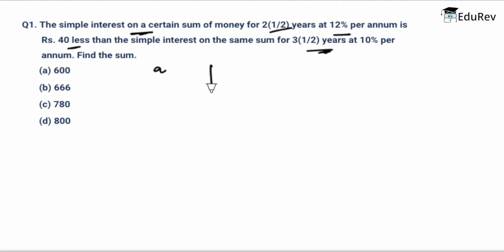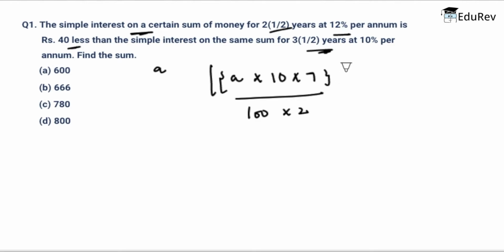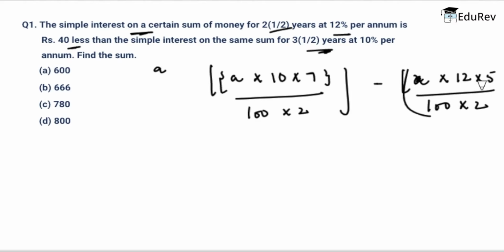Then we can write that a into 10 into 7 upon 100 into 2, minus a into 12 into 5 upon 100 into 2, is going to be 40.